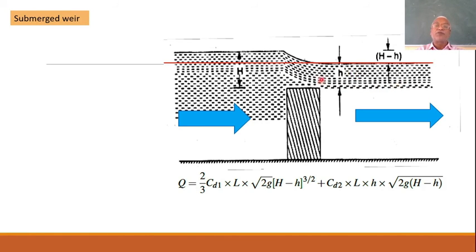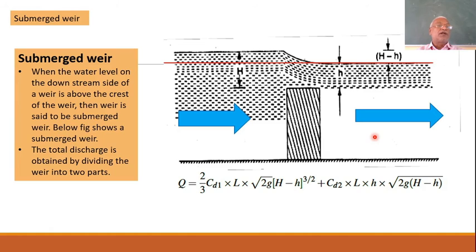In such a case, we call it a submerged weir or submerged flow condition. So when the water level on the downstream side of the weir is above the crest of the weir, then the weir is said to be submerged. The side figure shows a submerged weir.